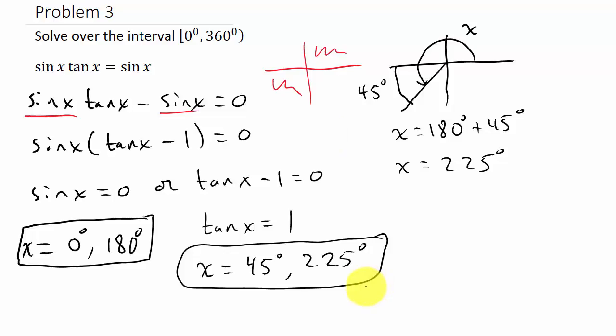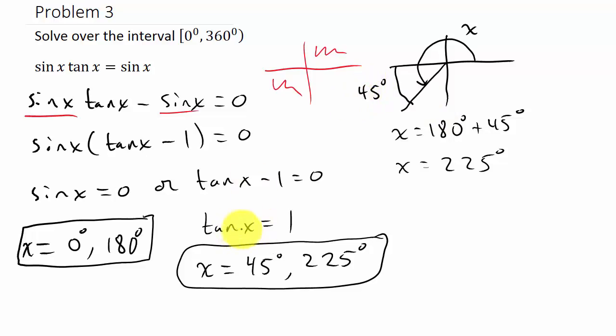So the best way to solve these trig equations is using reference angles and not memorizing that unit circle. If your teacher wants you to memorize a unit circle, memorize it so you can reproduce it for them on the test. That's fine. But when you're solving trigonometric equations, you want to find all your solutions using reference angles.